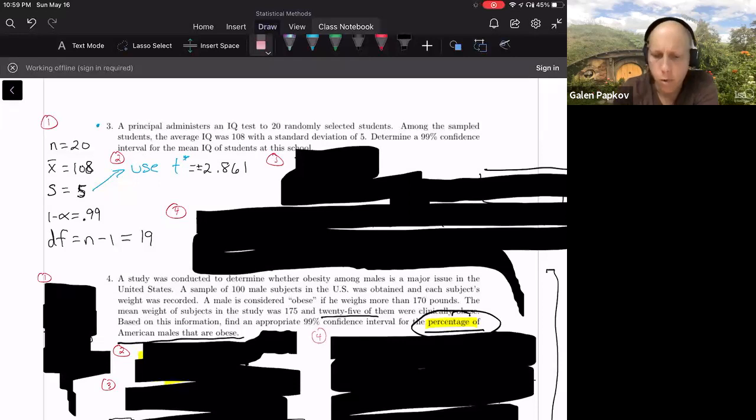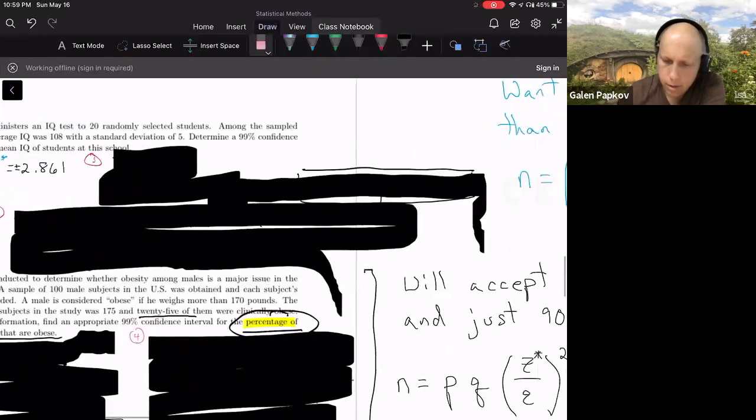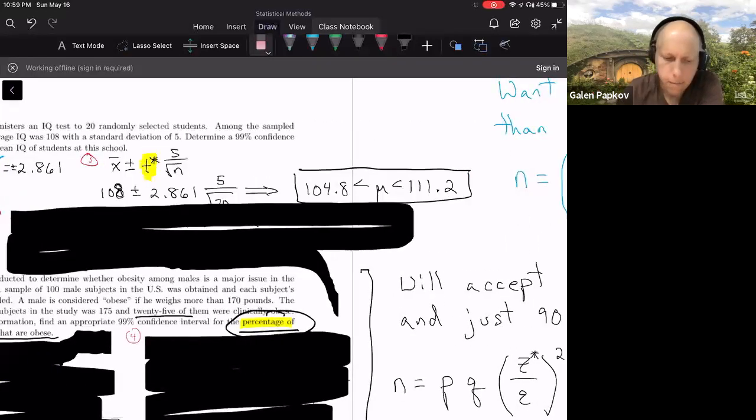In step 3, we want to compute the bounds, which we've got here. And so the formula again is rewritten on top. You plug in x bar is 108, t star, the critical value, is 2.861, s is 5, and n is 20.